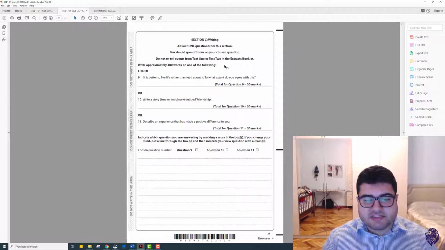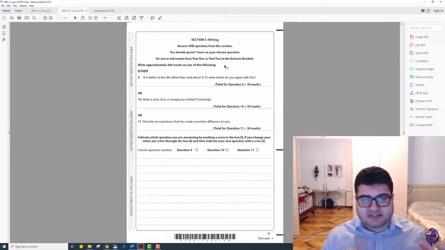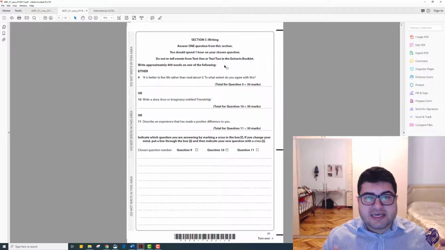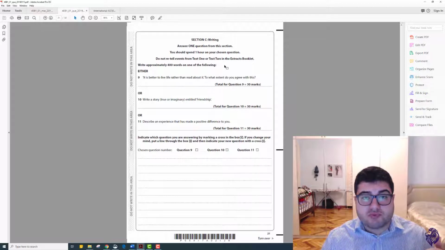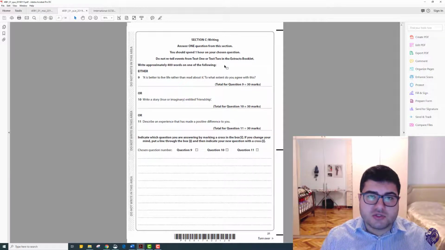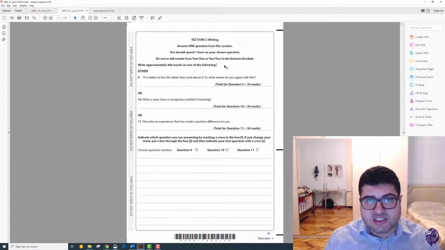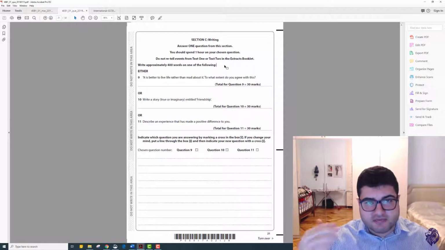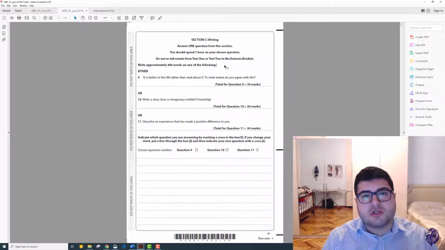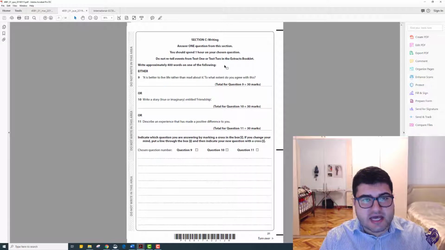One, it just means that your writing is not concise. And two, it's wasting precious time that you could use on improving the other sections of your test, or even going over this section, making sure that your grammar and spelling and punctuation are all strong, making sure that you have all the necessary elements in your writing to make sure you score the maximum points.